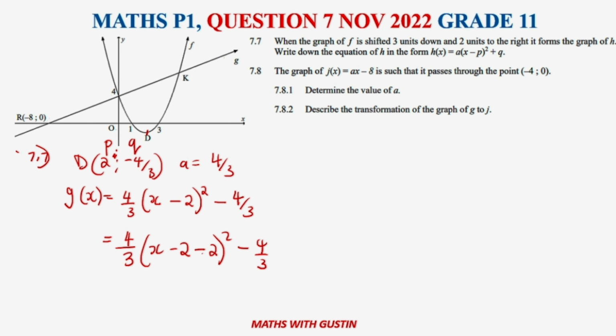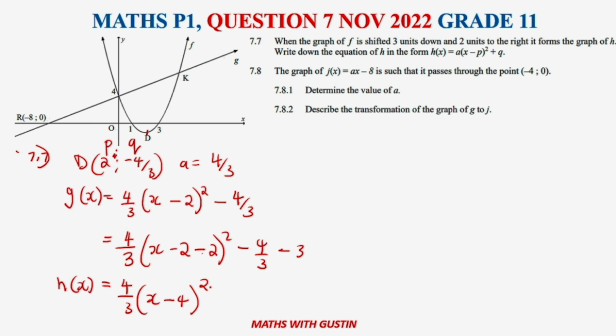All right, so now it says here we need to shift 3 units down. 3 units down, therefore down is going to be minus 3. So after simplifying this, this can become our new equation of h: 4 over 3, close bracket, x minus 2 squared.